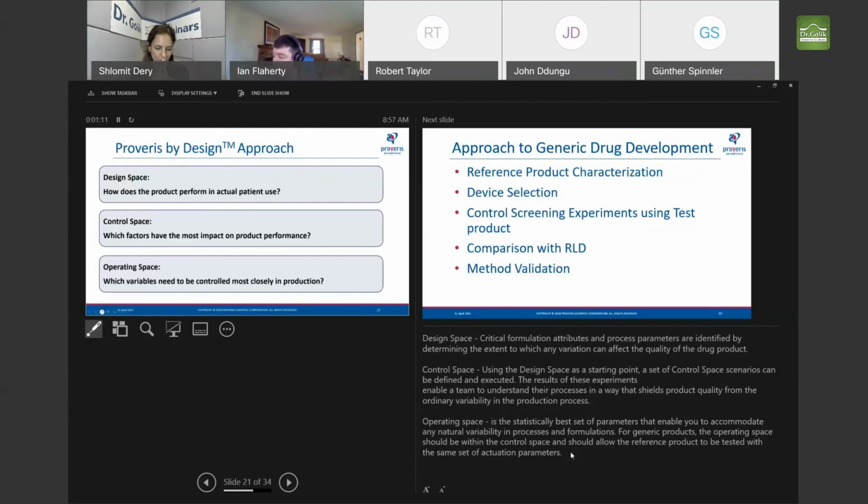For generic products, the operating space generally should be within the control space and allow the reference product to be tested with the same set of actuation parameters. That's your ultimate goal: coming up with a method of defined actuation parameters where your test device, your soon-to-be generic drug, performs the same as the reference product.